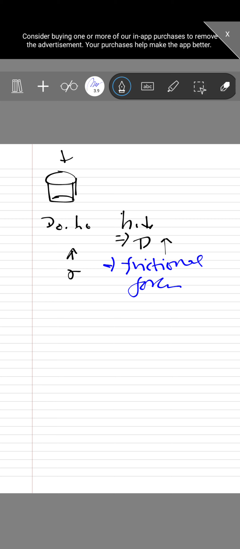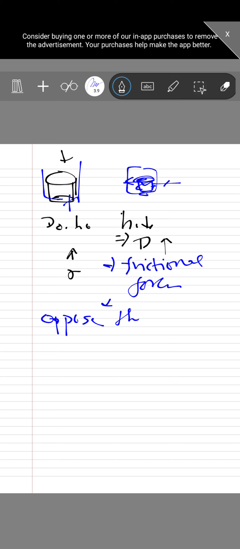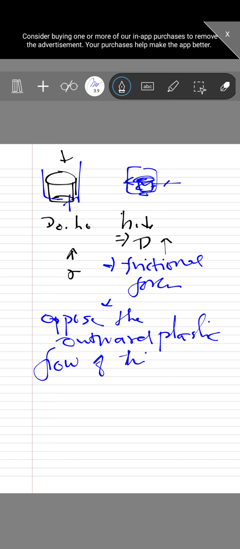Because they will oppose, there is a frictional force between the system. If you are holding the metal in this direction, or whatever way you are holding, and there is a system in which this cylinder has been kept, there will be friction between the system and the metal, because the material will try to expand, so it will oppose the outward plastic flow of the metal.